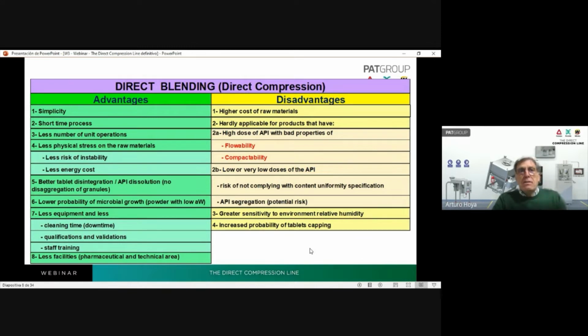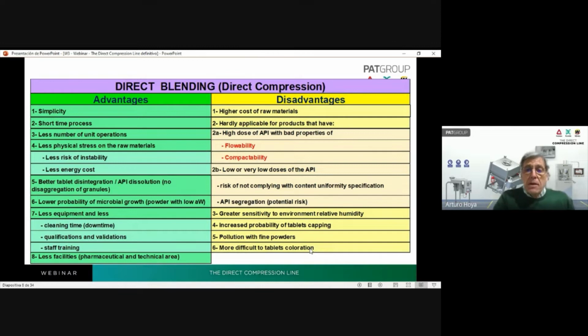In general, capping is more frequent in direct blending compression than with granules. Of course, there is pollution with fine powders, because you manage powders whose size is in the order of less than 100 microns.